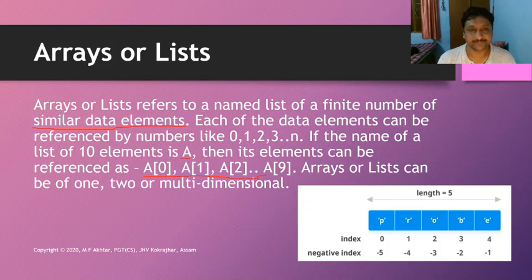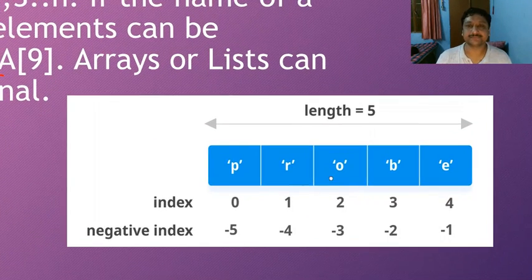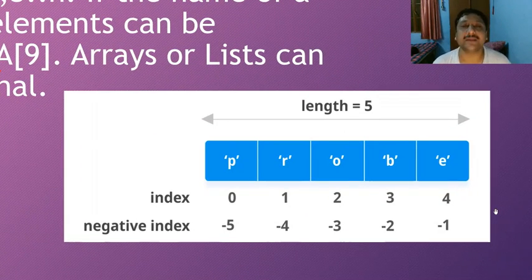See how we store data in a list in Python. Suppose a list has length 5 and each cell contains one character, P R O B E. Five characters are there. The index number of the first cell will be 0, then 1, 2, 3, and the last will be 4.